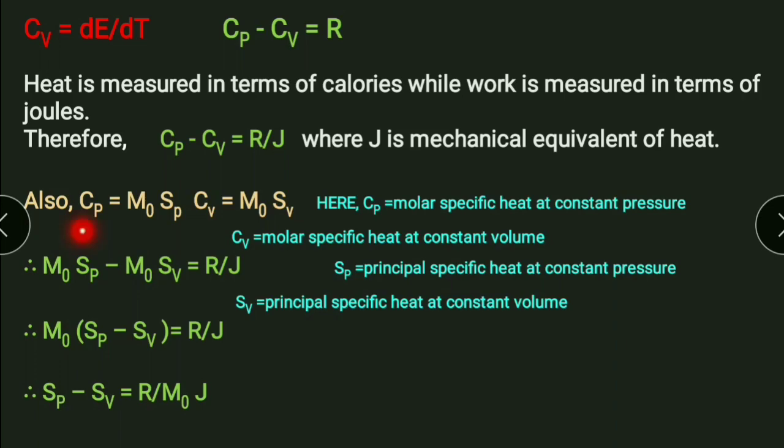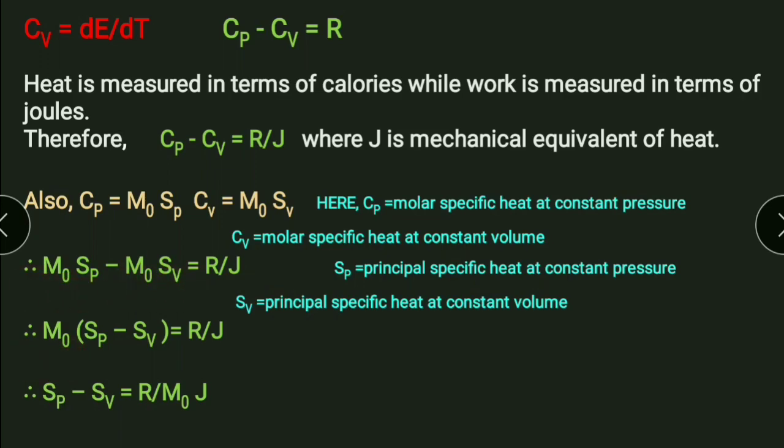Now substitute the values for Cp and Cv from these two equations into this equation. So we get Mo Sp minus Mo Sv equals R upon J. Here take Mo common.